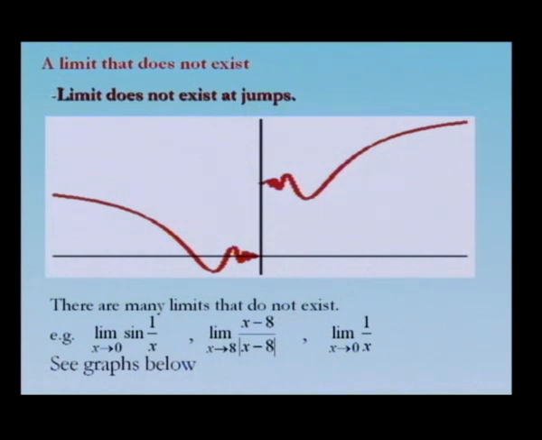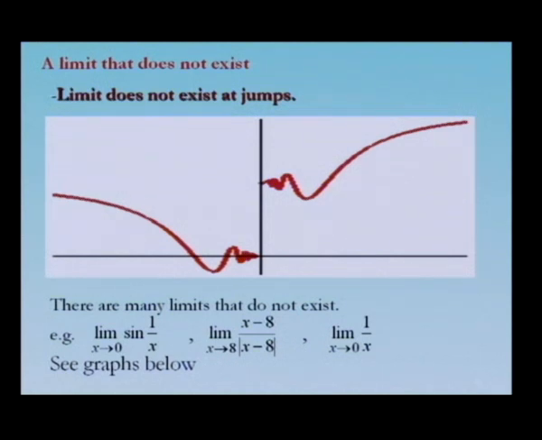So there is a jump. When x passes through 0, the function has a jump. That means when x tends to 0, the function does not approach a unique number. That's why the limit does not exist.